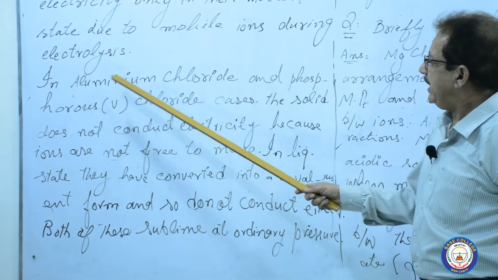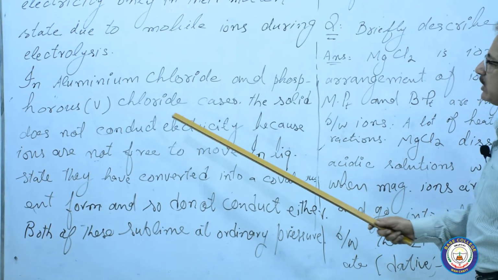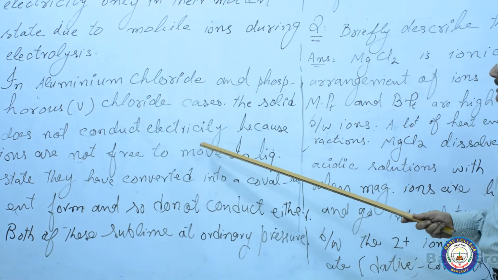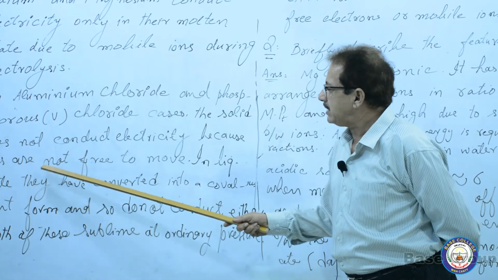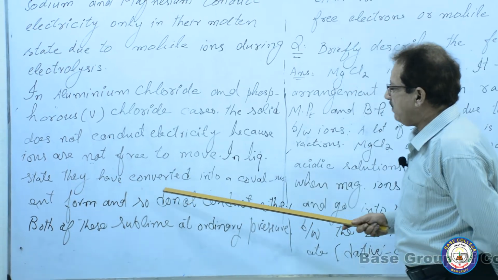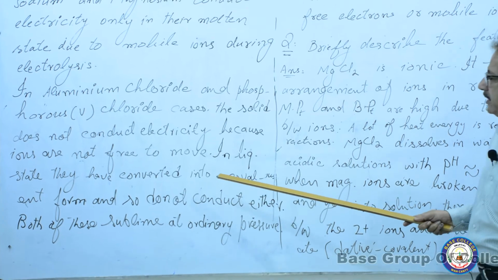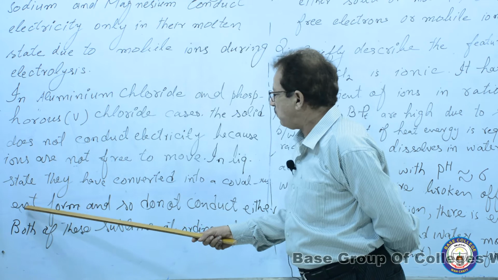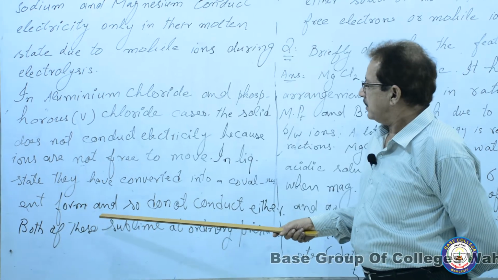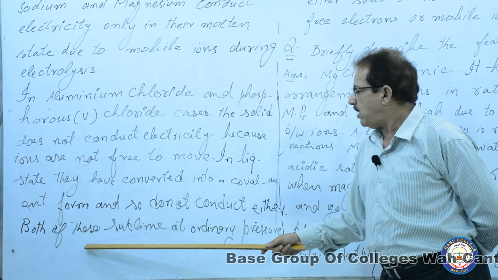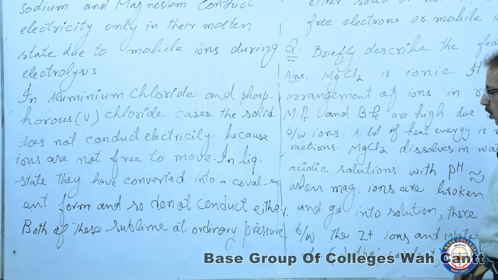Once again, in aluminium chloride and phosphorus pentachloride cases, the solid does not conduct electricity because ions are not free to move. In the liquid state, they have converted into covalent bond formations, and so do not conduct either. Both of these sublime at ordinary pressure.